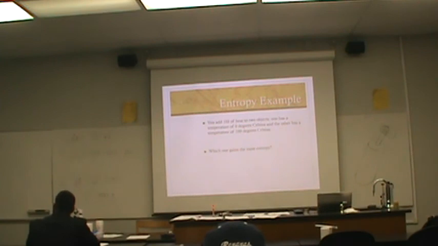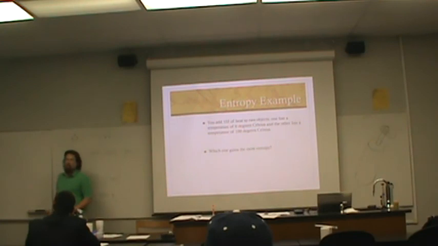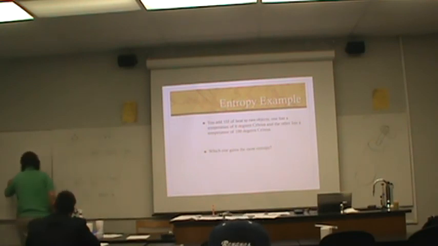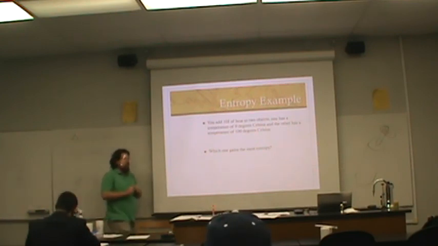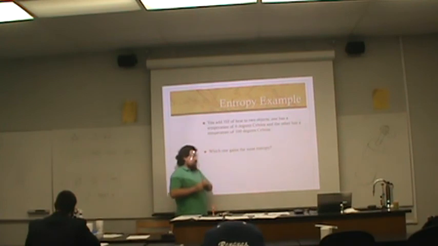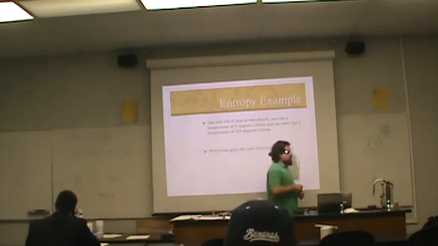Very good, 273 Kelvin. And then, what is the 100 degree Celsius object in Kelvin? There you go, just add 100. To go from Celsius to Kelvin, you just add 273. So 0 plus 273 is 273. 100 plus 273 is 373.